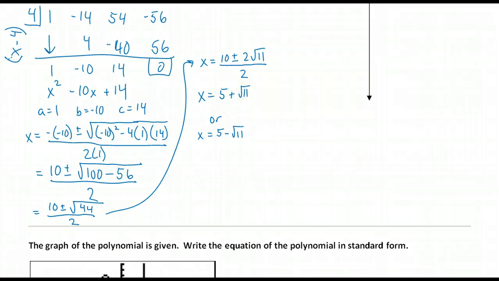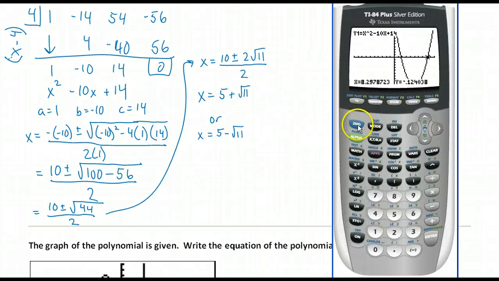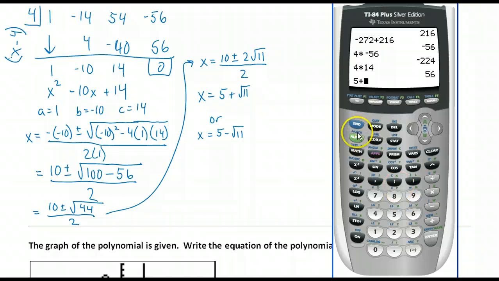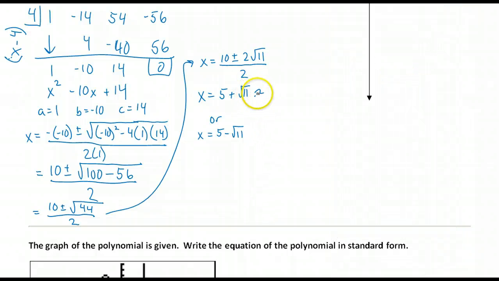Well, let's look at this. 5 plus the square root of 11. Hey, look at that. It's about 8.3.